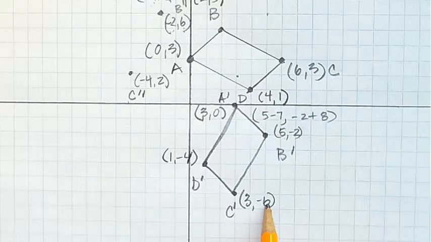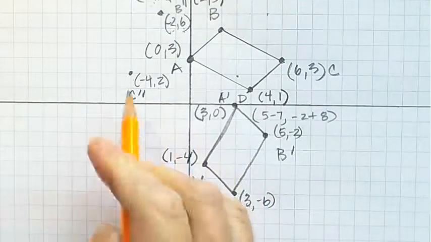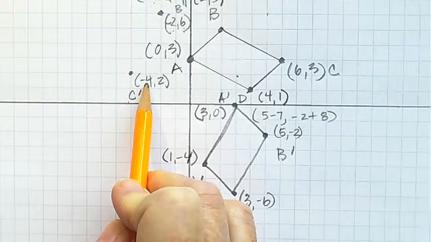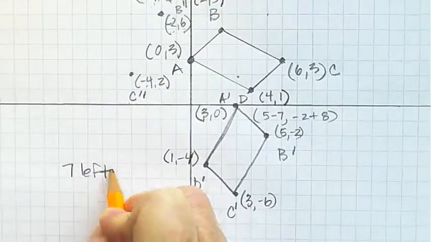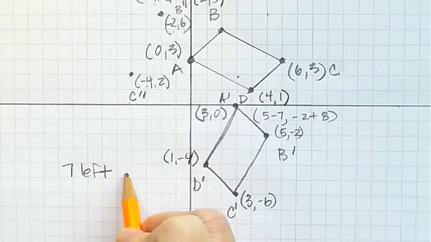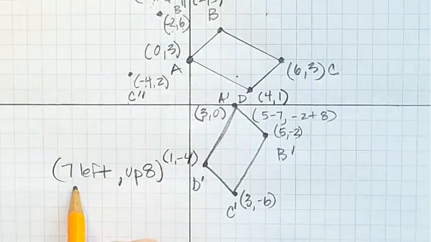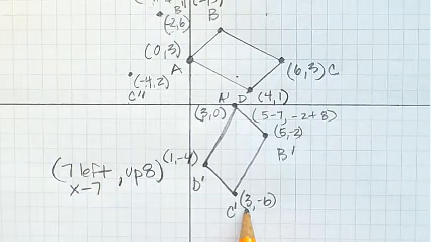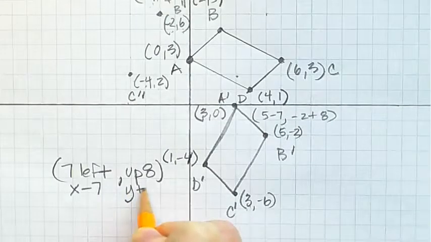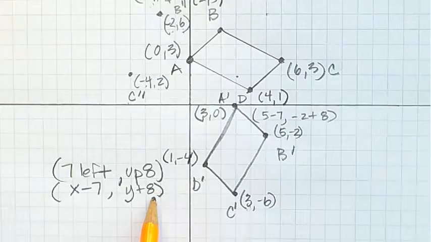And if you look at these coordinates, -6 plus 8 is +2, and 3 minus 7 is -4. So moving 7 left and up 8 is the same as subtracting 7 from the x coordinate and adding 8 to the y coordinate. That's the connection that you should be making.